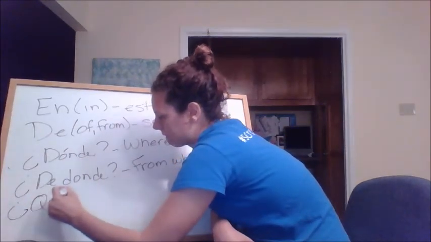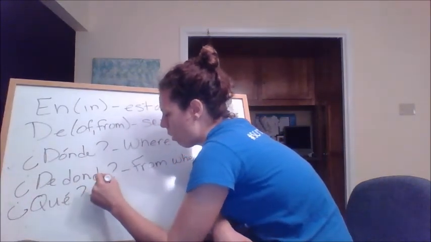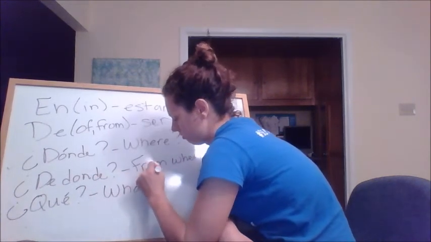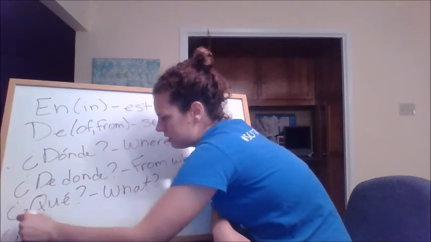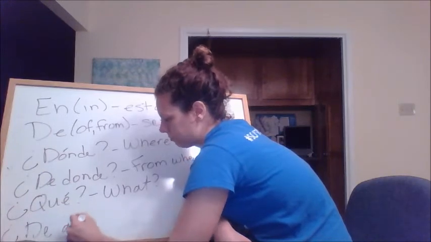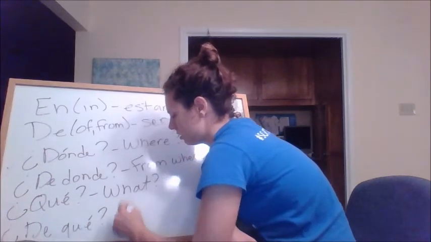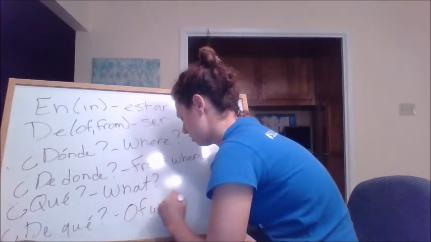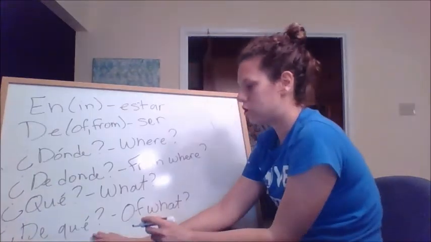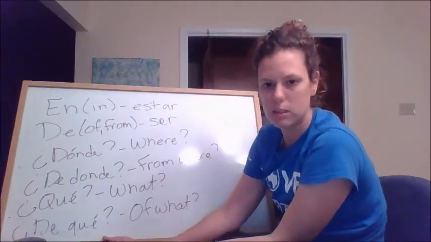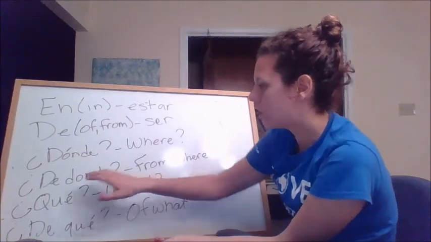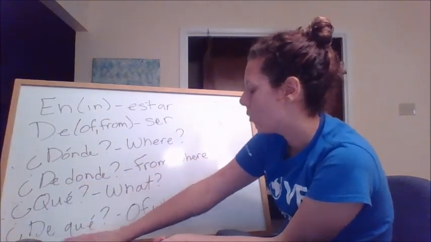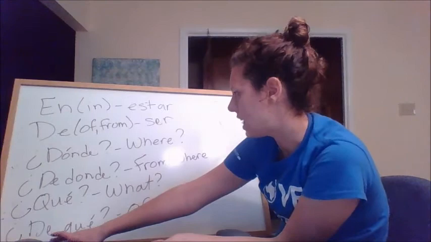Qué means what. De qué means of what? So this is like the expression you'd use if you were asking what something is made of. Where somebody is from, you'd say de dónde. What something is made of, you'd say de qué.